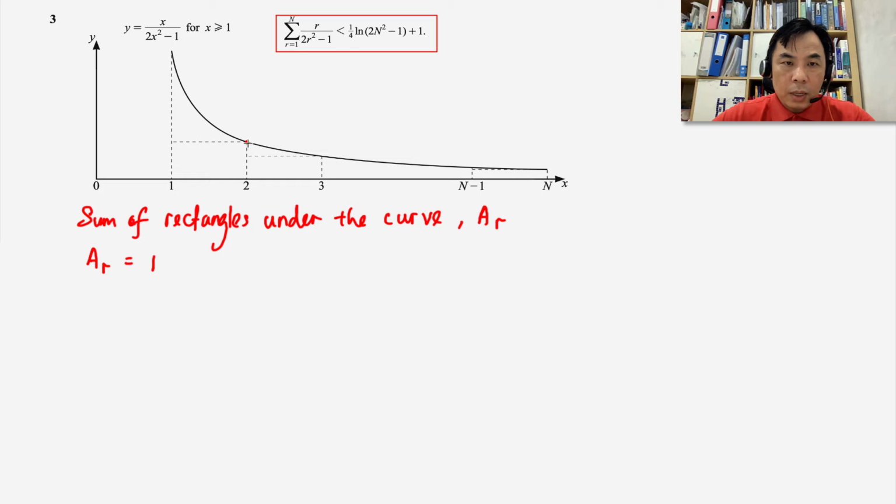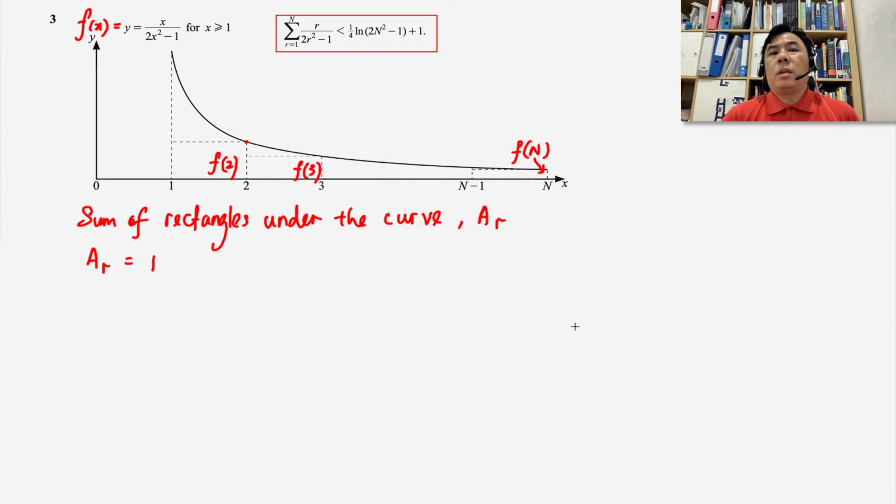You will notice that the height is actually given by the y coordinates of the curve itself. So here I would label this as function f(x), for instance. So therefore, the height here can be represented as f2. And then the height for x equal to 3 can be represented as f3. And then as we proceed on to the last part, the height of the last rectangle, the nth rectangle, is given as fn here.